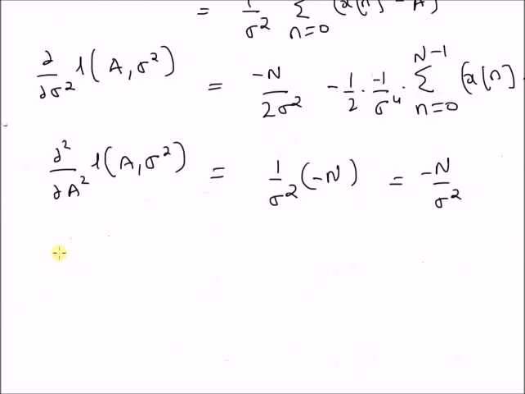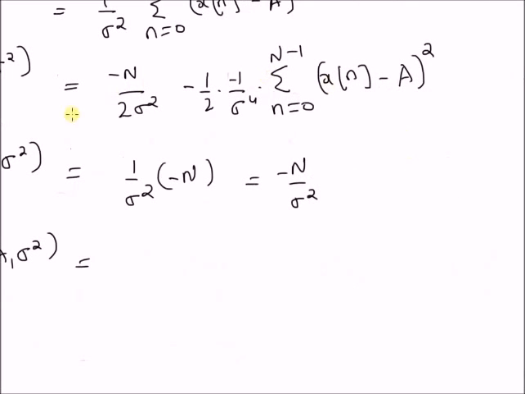The double derivative with respect to a and sigma square is equal to the derivative of this term with respect to the parameter a, which is 1 by sigma power 4, that is the term here.